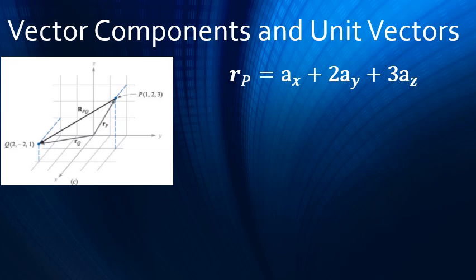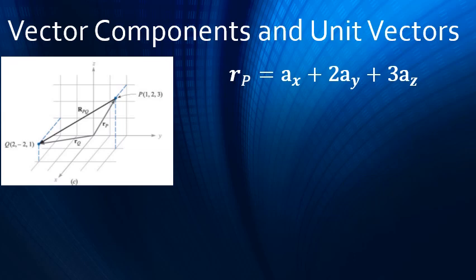So, ano ngayon yung vector rp? Okay, since nagsimula naman siya sa 0, 0, 0, shortcut na yon, automatic, ang magiging vector natin will be, ikukopyahin lang natin yung coordinates. Kung ano yung x, yun din yung multiply natin sa unit vector. For example dito, yung point natin na pinuntahan ni RP is from origin to point P, which is 1, 2, 3. So, magiging vector natin is ax plus 2ay plus 3az.